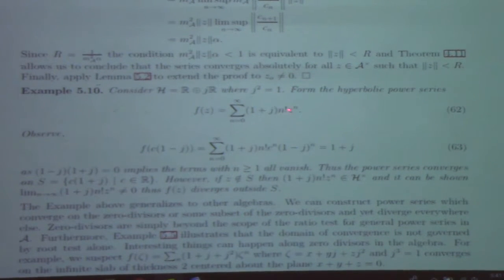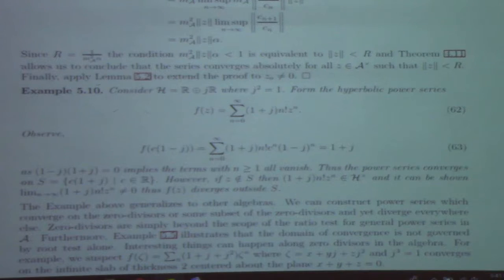What's going on here? Ratio test. It's got an n factorial. What happens with the ratio test? I don't know. Well, the point is with that 1 plus j, if we put a 1 minus j in the z, the thing just dies to 0, except for the constant term, which survives. So only the constant term survives the evaluation of multiples of 1 minus j.